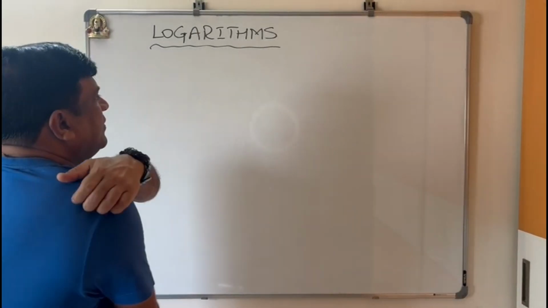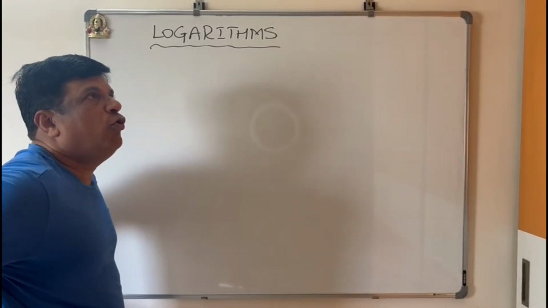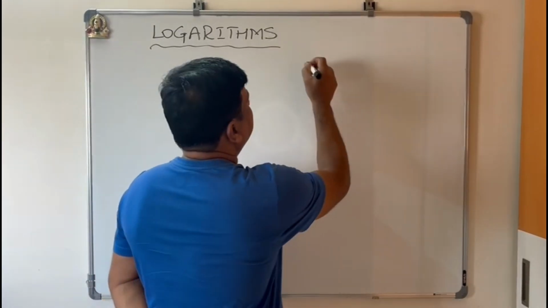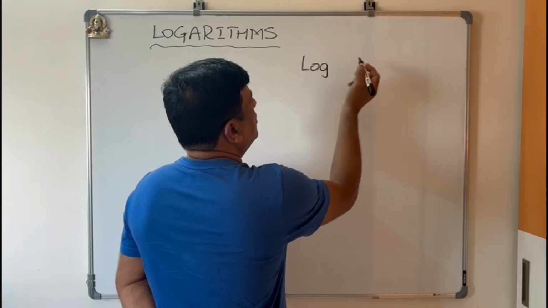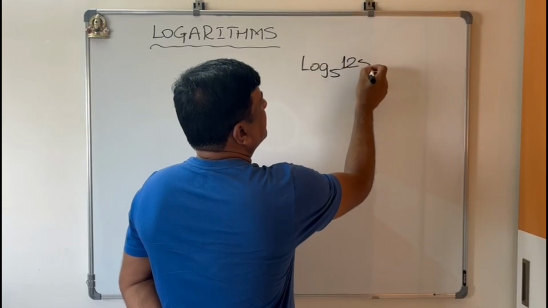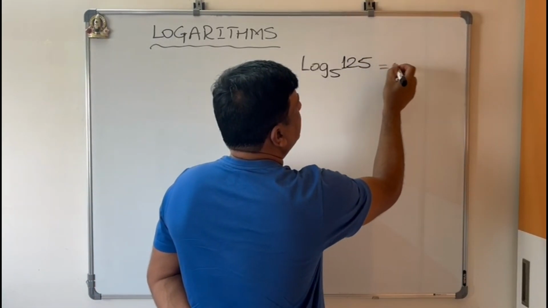Now let's look at some examples. How do we show logarithms and how do we evaluate? For example, if I take an example like this, log to the base 5 of 125, what is the value going to be over here?